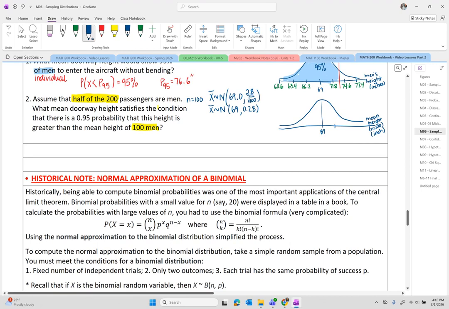So I'm still going to do 3 tick marks to the right and 3 tick marks to the left. But the values will be 69.28, 69.56, 69.84 to the right, and to the left, going down by 0.28, 68.72, 68.44, and 68.16.